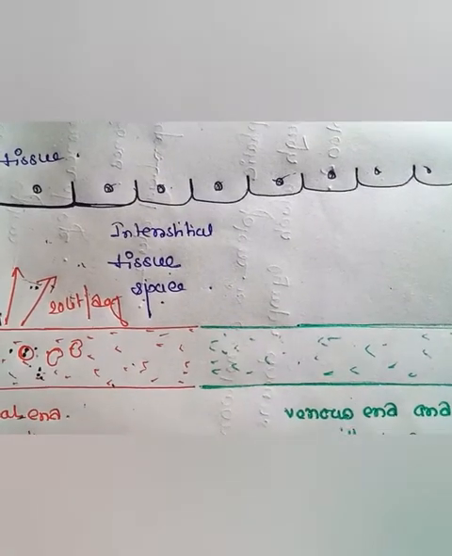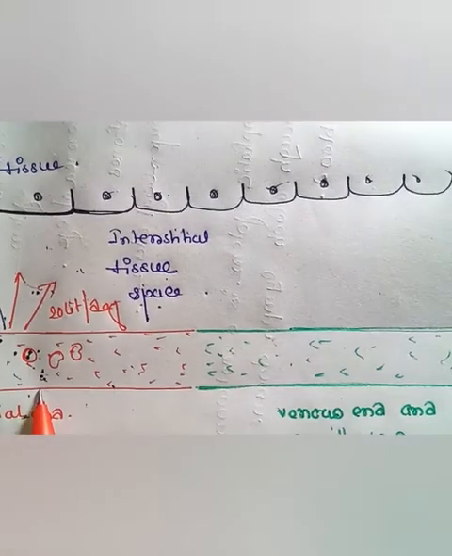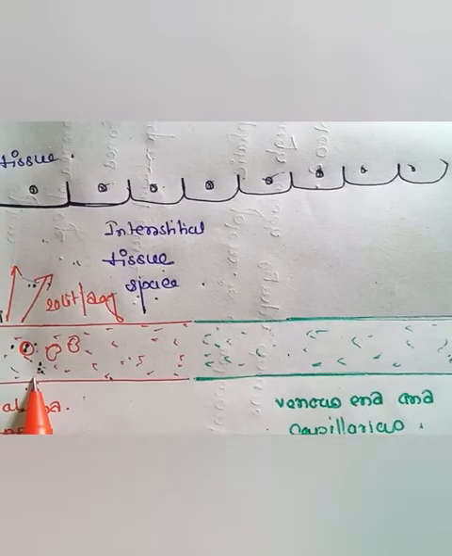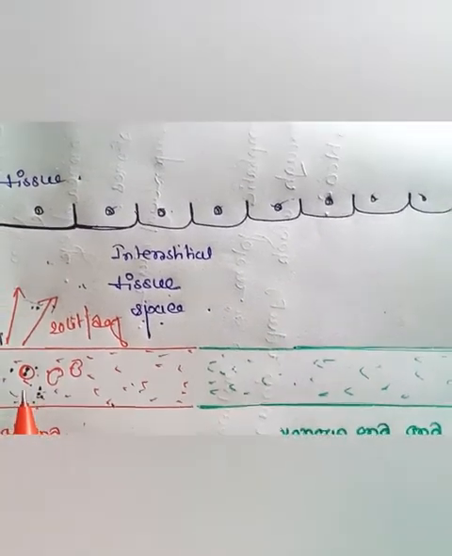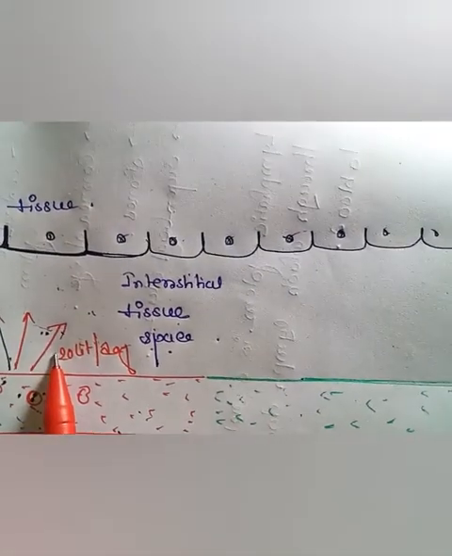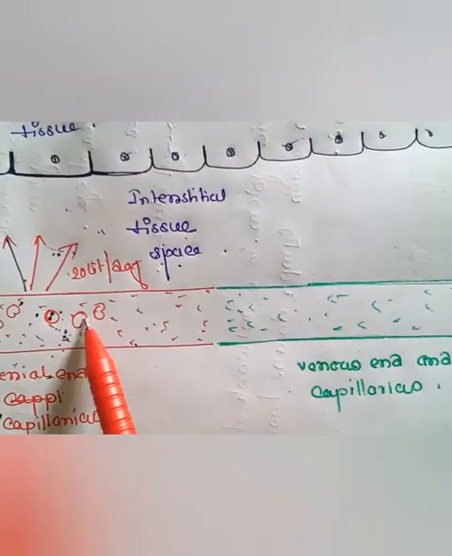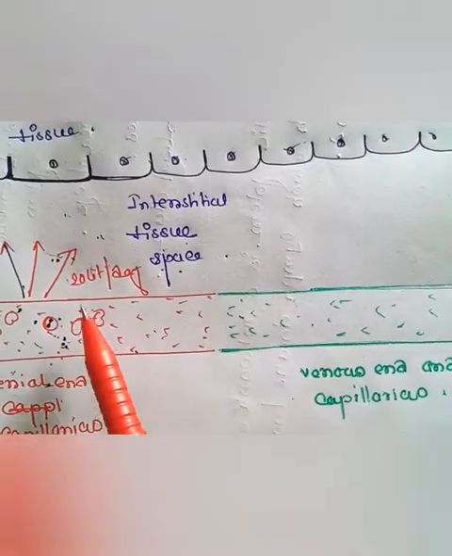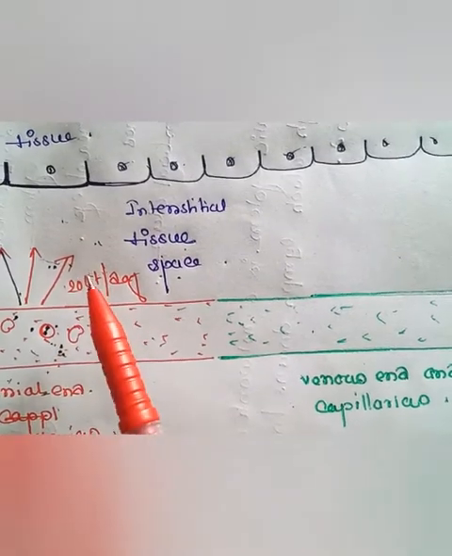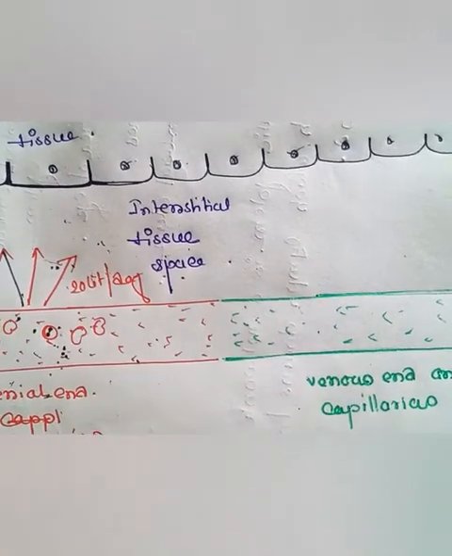But the larger blood cells like RBC present in the capillary do not leak into the tissue space because the capillaries are not permeable enough to let blood cells into the tissue space.